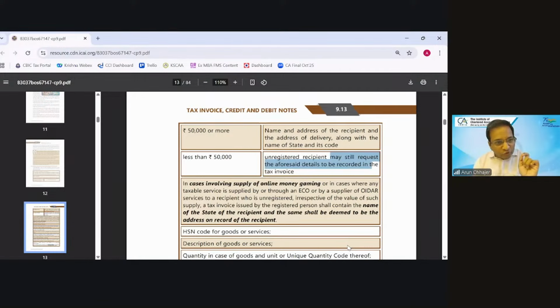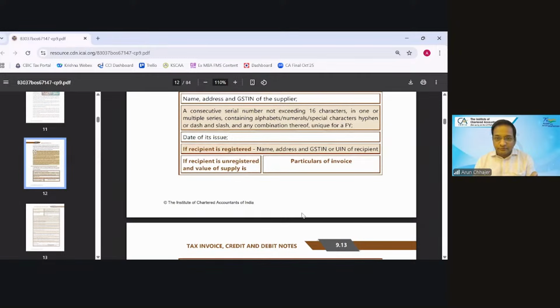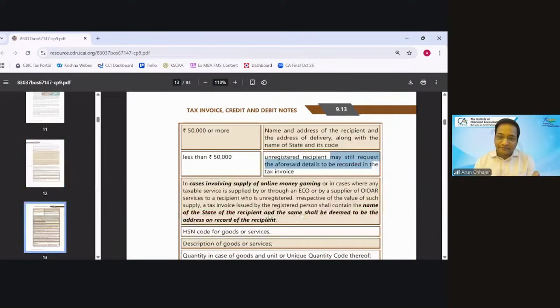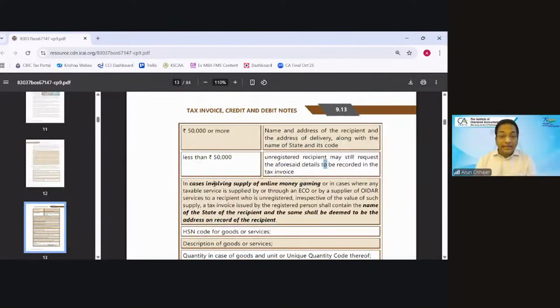In case of B2C supply, if the value is less than 50,000, then on request we need to provide, otherwise it is not required. In case of online money gaming, and along with online money gaming, they are saying supply made through e-commerce operator.